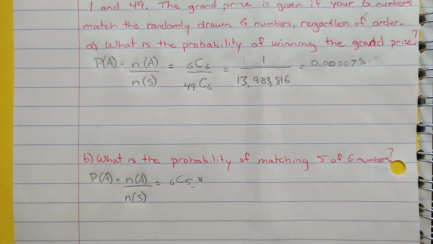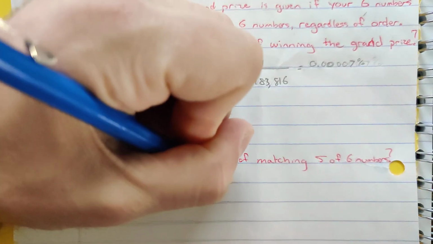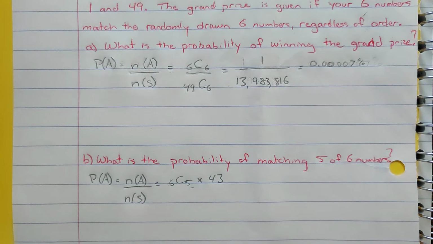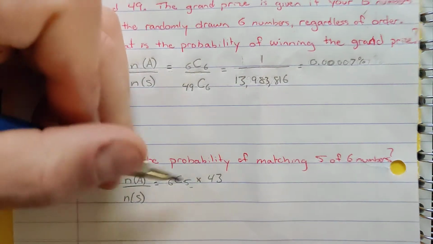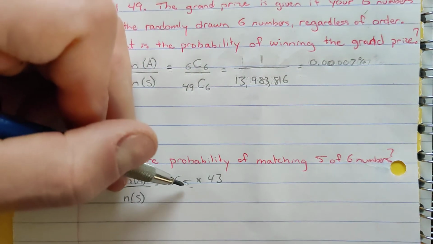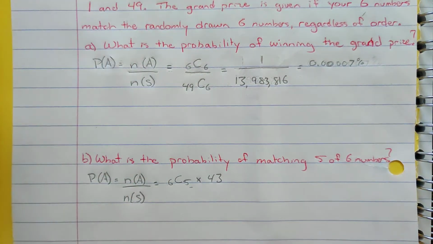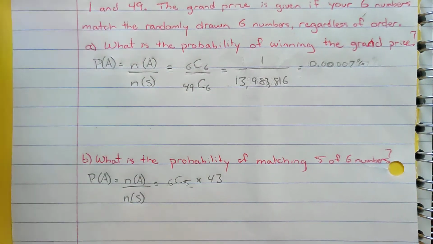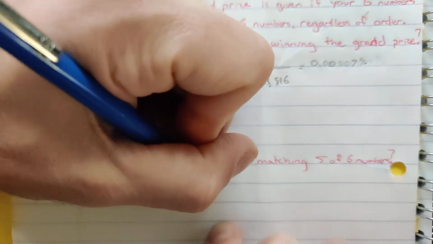So out of the 49 numbers available, we've taken up 5 of the winning numbers plus the one we didn't pick. So now there's 43 more numbers available. So it's 43 because 49 minus the 6 winning numbers. So that picks our last number because it can't be one of the 5 winning numbers or the 6th winning number that we didn't pick.